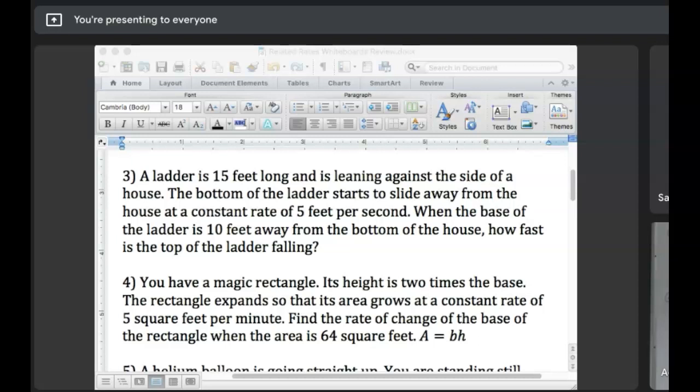And then once you know y, you come back in here. And all the stuff. No. It is positive. Moving away from the house, so that base gets big.